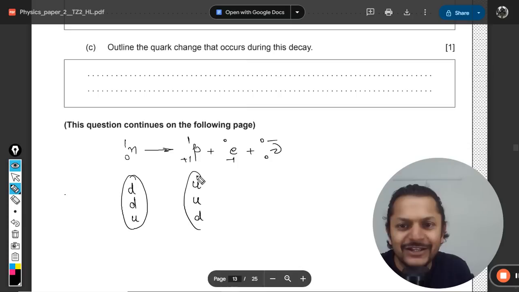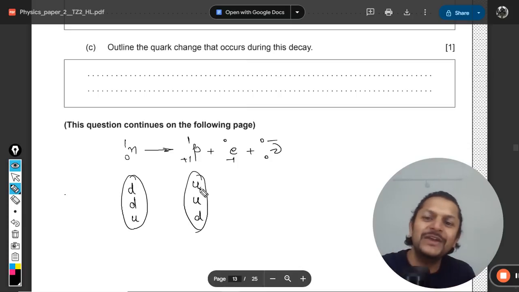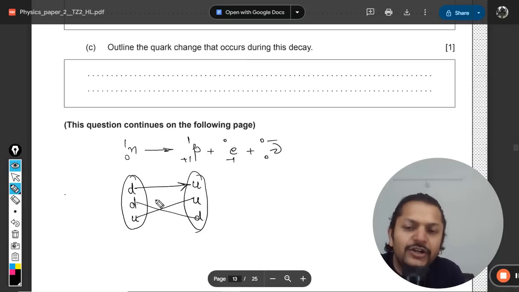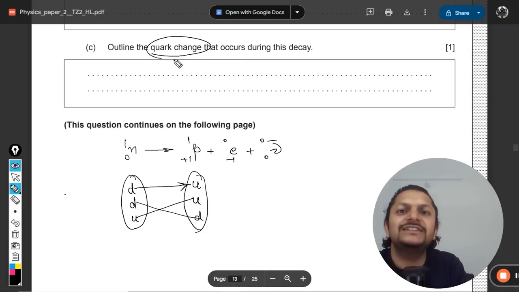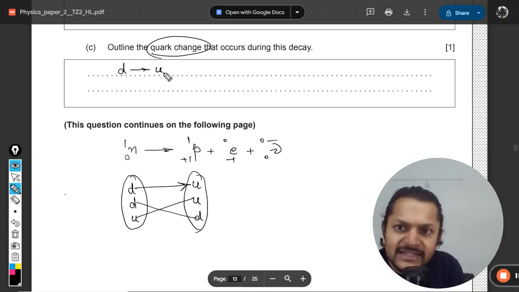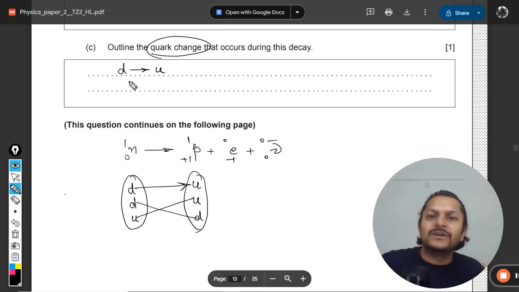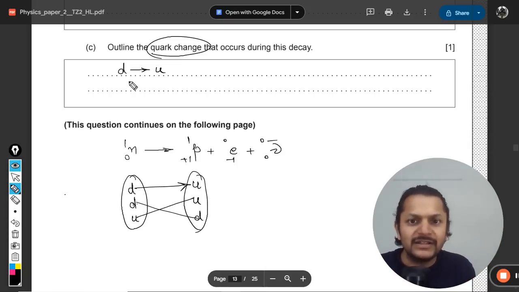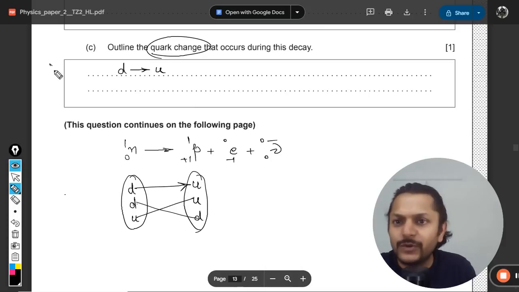So this is just another method of remembering it, okay? Now this is D D U. So one D is not changing, so D is remaining as D, U is remaining as U, but this one D is converted into U. So the quark change that is actually taking place here will be written as D converting itself into U. This is what is going to happen, isn't it? This is the quark change that is happening. That's it. So this is the answer.